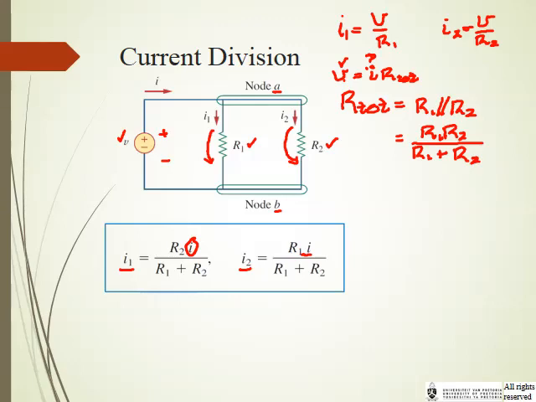Now if I substitute this R value for R total into this equation, what does that give me? That tells me that voltage equals total current times R1 R2 divided by R1 plus R2.